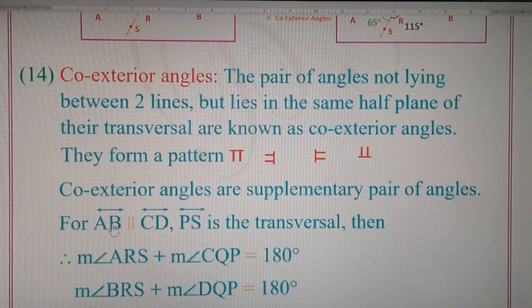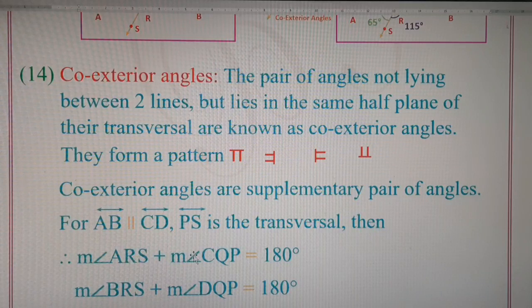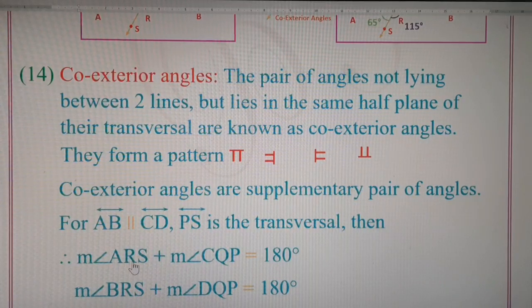So we can say for line AB parallel to line CD and line PS the transversal, the sum of measures of the co-exterior angles will be 180 degrees. The two co-exterior angles are angle ARS and angle CQP. So when we add their measurements, their sum total will be 180 degrees.